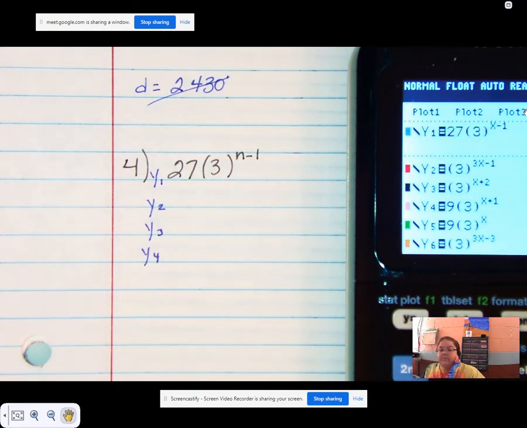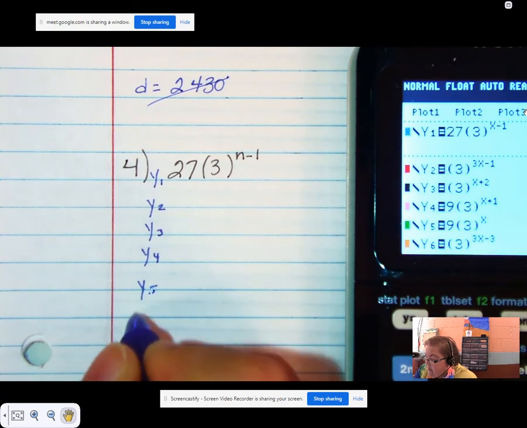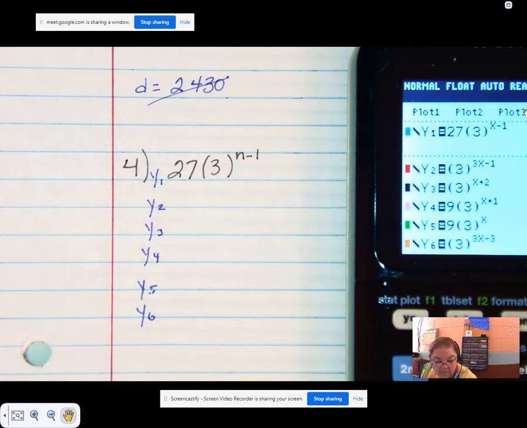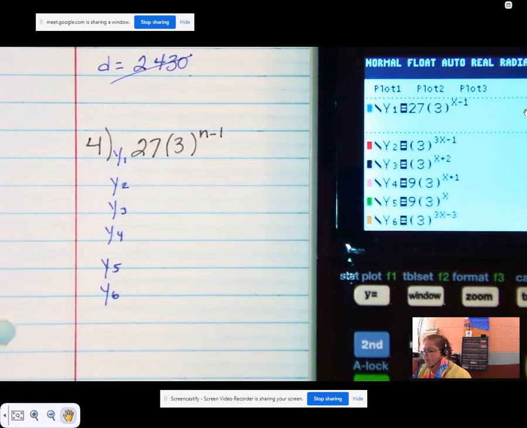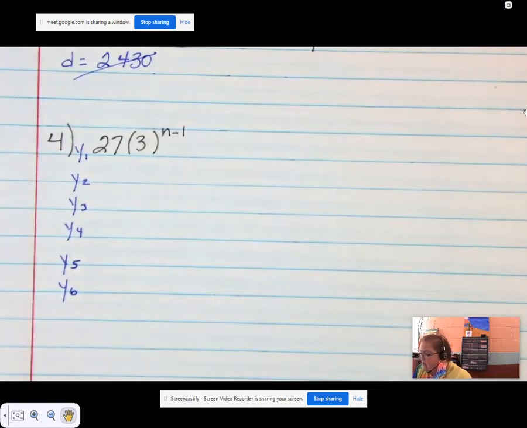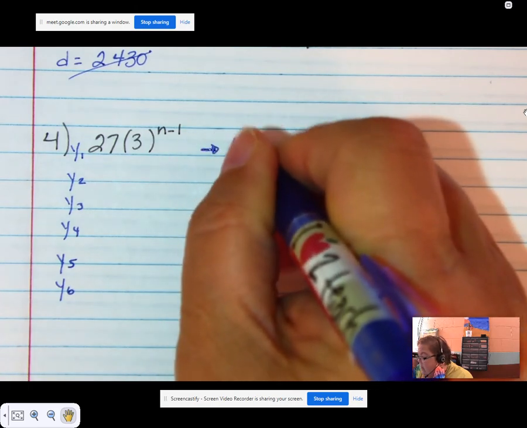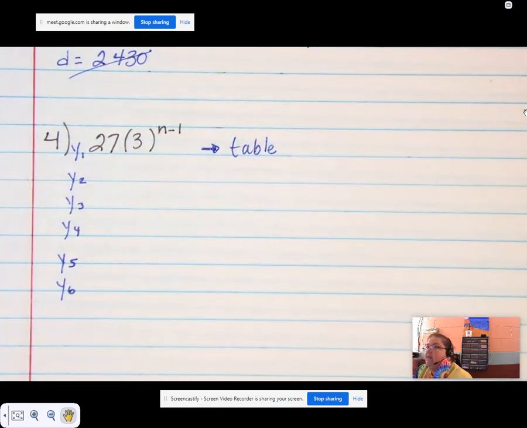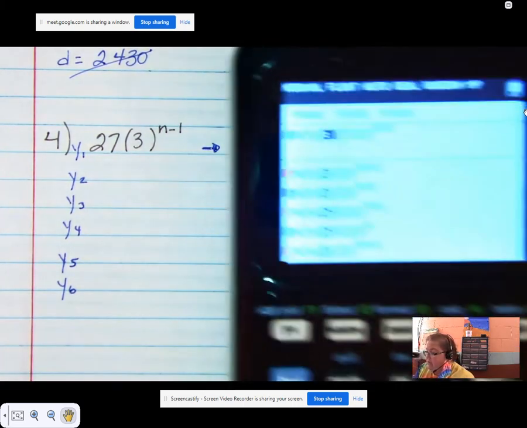Once you have those all typed in, you should have 6 of them. What we're going to do is go to the table and look for those exact answers.